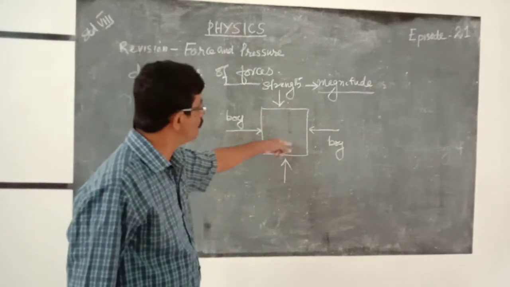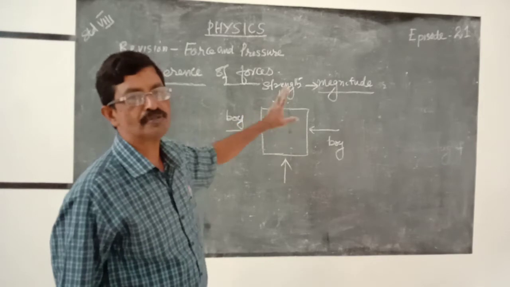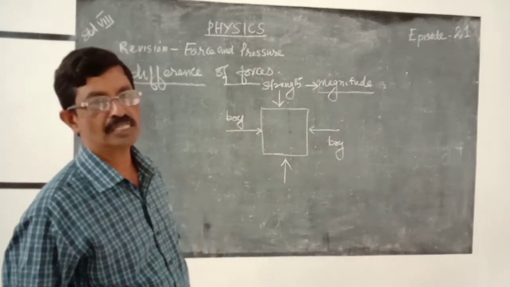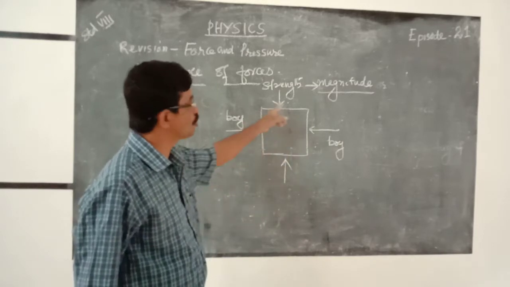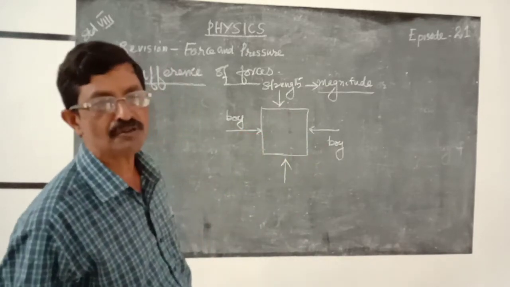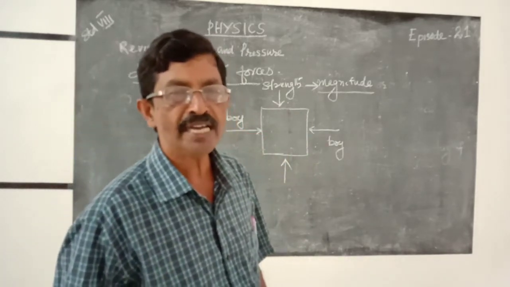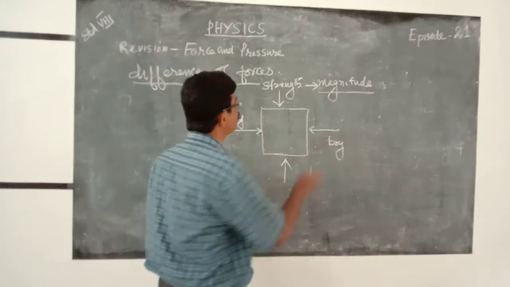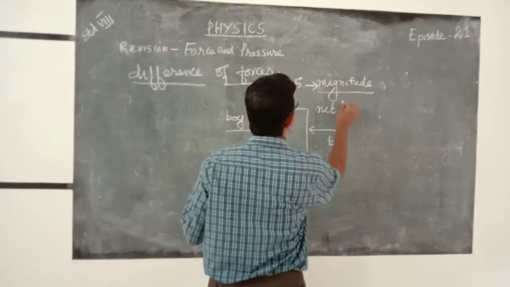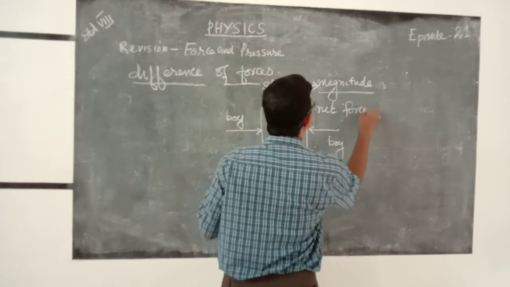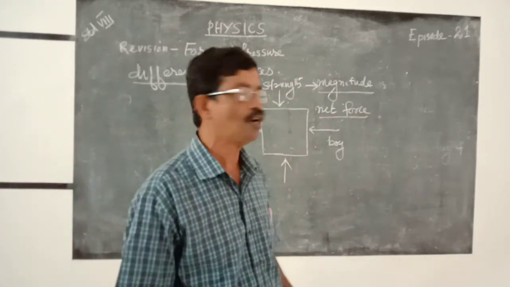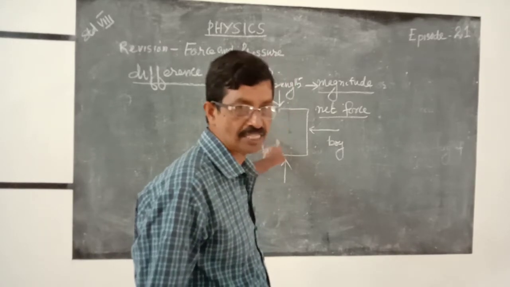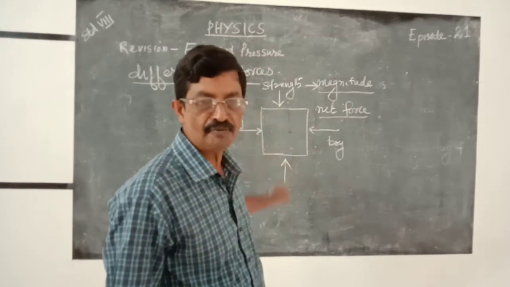Then how do we find the effect of these forces? We find the effect of these forces by the net force acting on it. In terms of net force, we take the effect of force on this object. That is the method we use there.